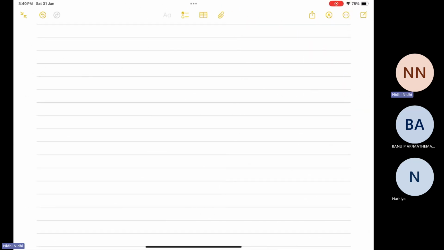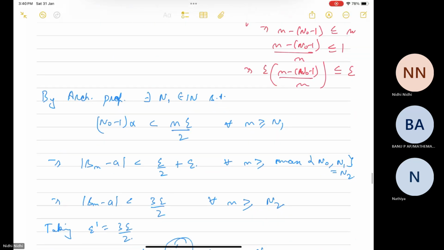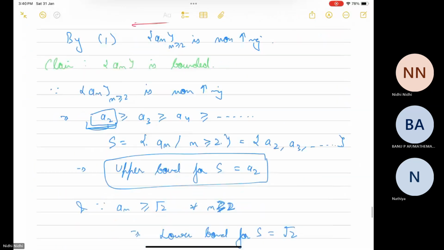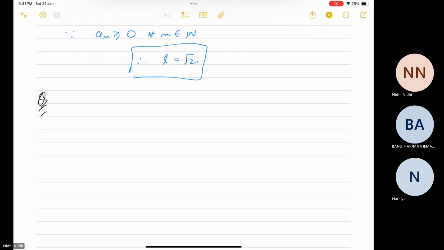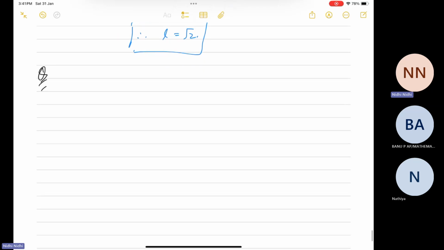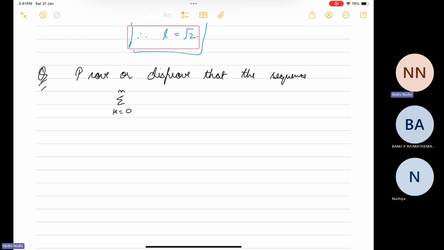Okay, then let's move to the next question. So yeah, prove or disprove that the sequence, I define this xn to be summation k from 0 to n, 1 upon k plus n square.